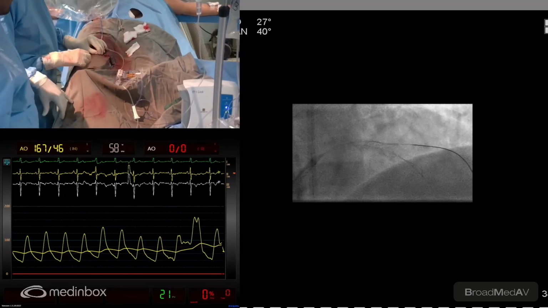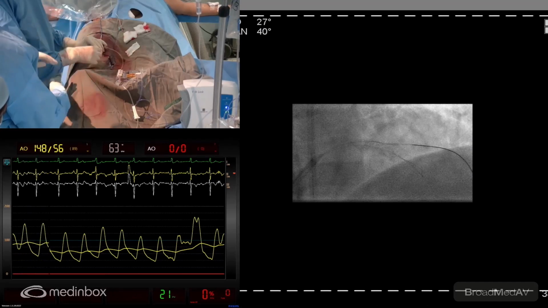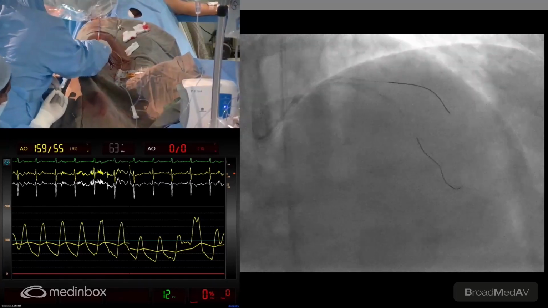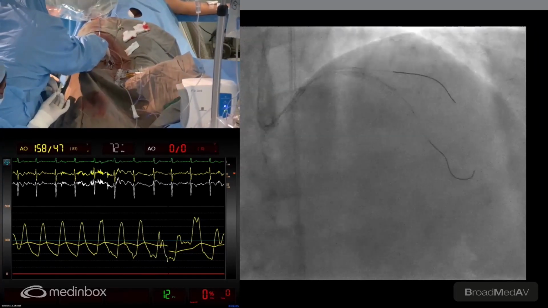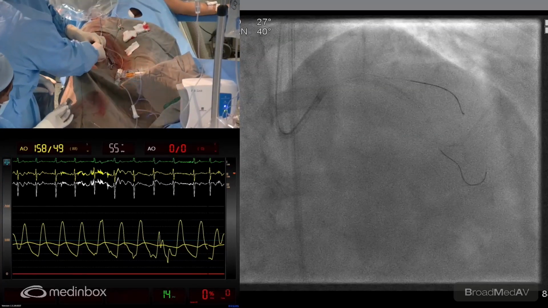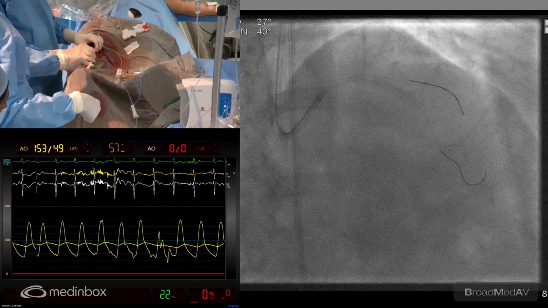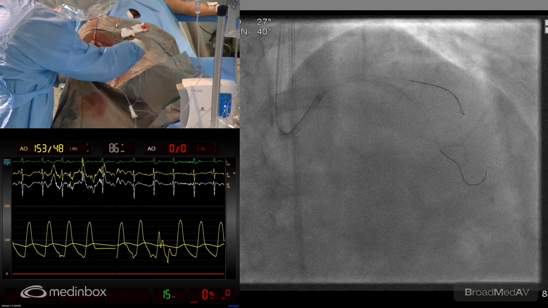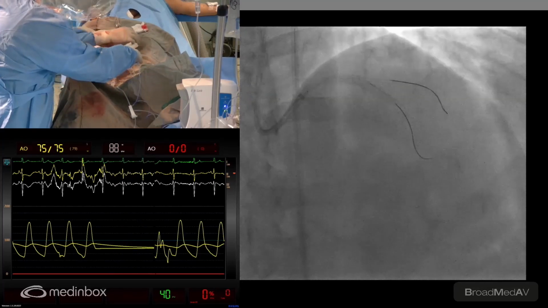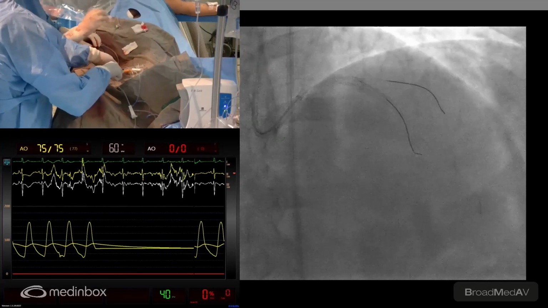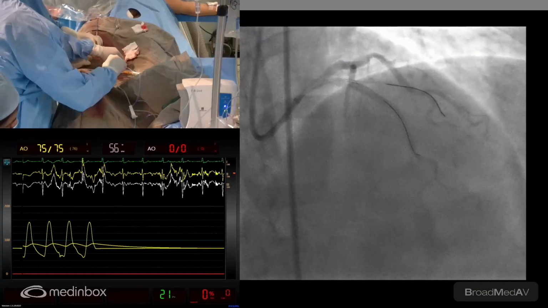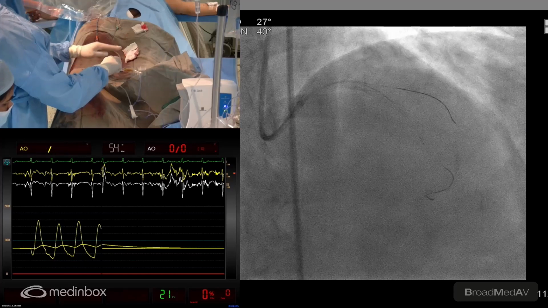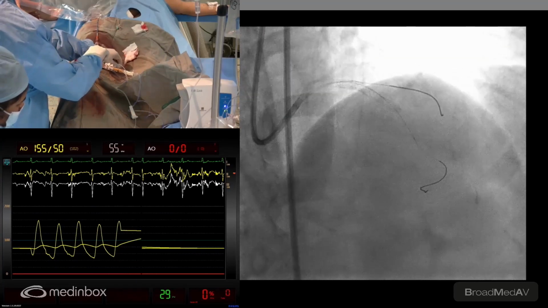Okay, now we'll quickly do an IVUS after a small angiogram just to be sure we don't have any dissection or anything of that sort. Some nitroglycerine, please. Okay, ready for a shot?